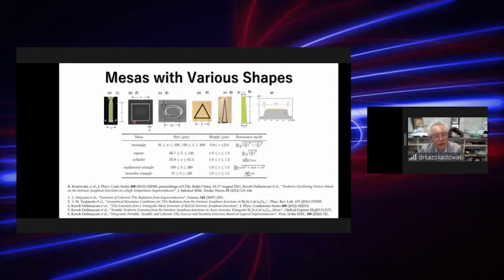But anyway, any kind of geometrical shape has a certain resonance frequency so that we can calculate it, in fact, quite in detail. So we can predict what kind of resonance mode is emitted from this sort of method.